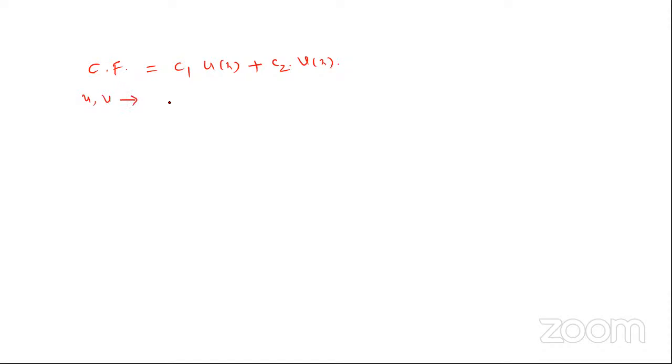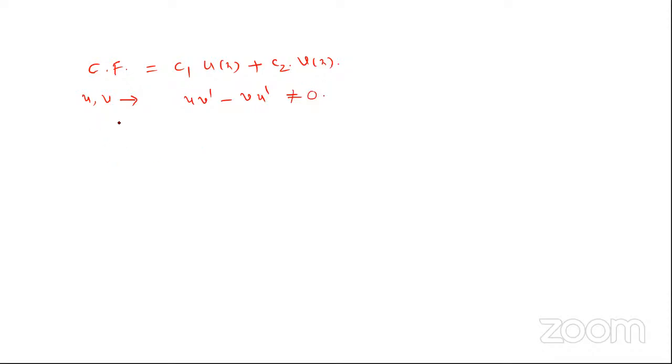By making use of u and v, now we move to find u into v dash minus v into u dash. Here v dash is the first derivative of v with respect to x, and u dash is the first derivative of u with respect to x. Suppose that u into v dash minus v into u dash is not equal to 0.